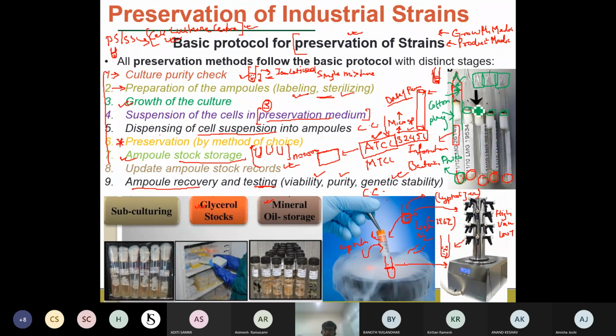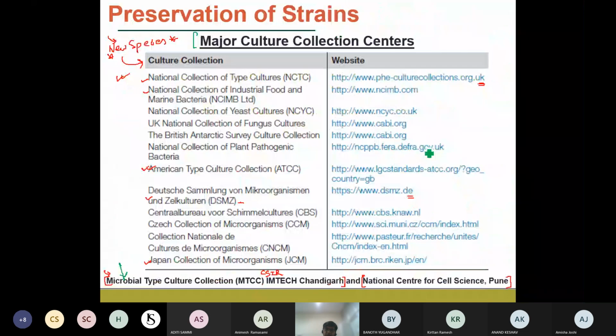Once you have preserved your microorganisms in this form of pellet, on the top you need to label the name. That labeling should consist of, for example, the date of labeling, and it should contain the information. Here it is written LMZ 19534. LMZ can represent, for example, a particular culture collection center.